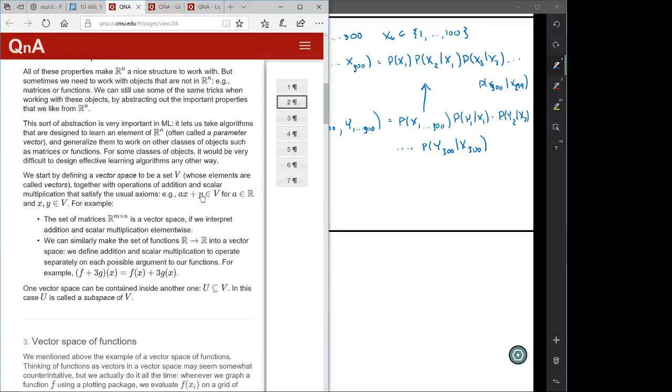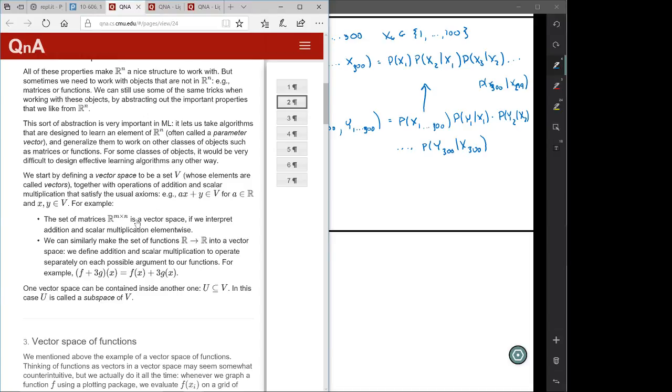So if x and y are vectors, meaning elements of V, and if a is a scalar, meaning a real number, then ax plus y is in V for any a, x, and y. And they have to satisfy the usual axioms that addition and multiplication always satisfy, like addition is commutative and associative, and scalar multiplication distributes over addition.